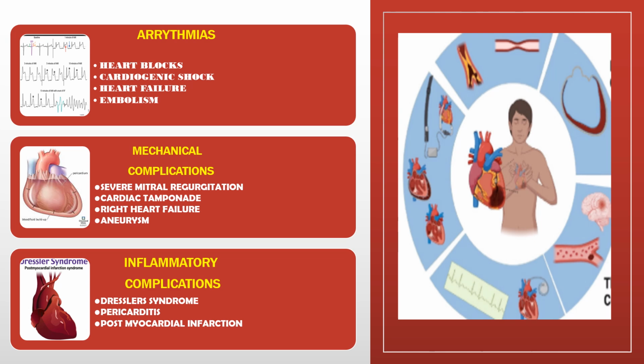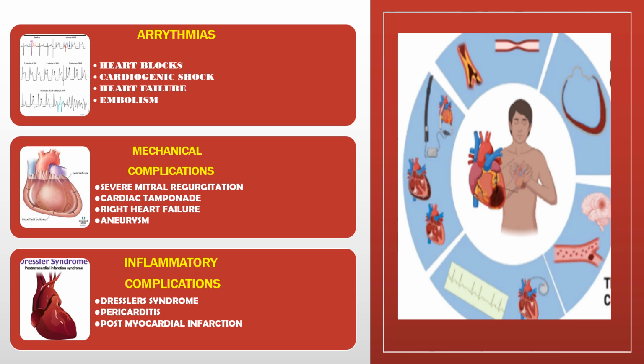What do you mean by inflammatory? What comes under inflammatory complications? Number one is very obvious, your Dressler syndrome. It is like pericarditis, but secondary, accompanying MI. So when you talk about a syndrome, you must know that there has been a history of MI for the patient.